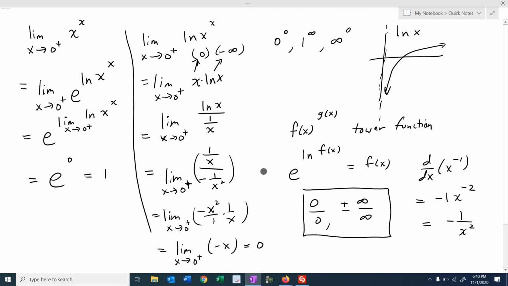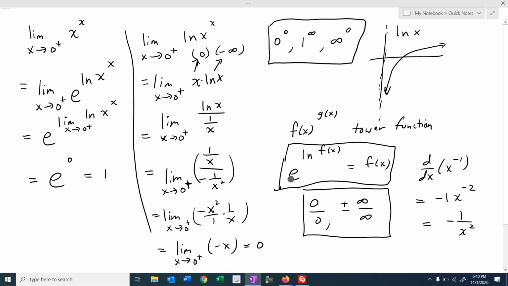Okay, so this is a pretty sophisticated way of evaluating this limit. Anytime you have an indeterminate form that looks like one of these, you're going to want to rewrite the function using this little trick here. Instead of f of x, you're going to write it as e raised to the ln of f of x. And you can see what that does for you. It allows you to pull the limit past the e, the base, and you can focus in on finding the limit up here, this power, right?